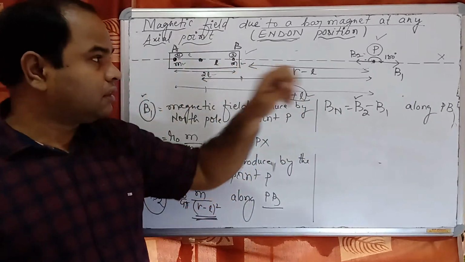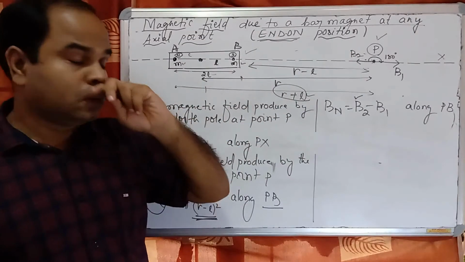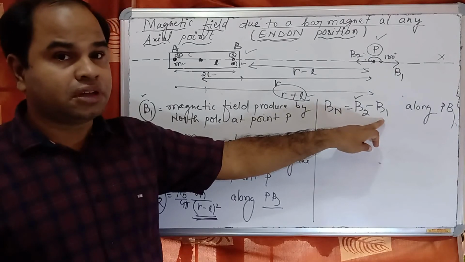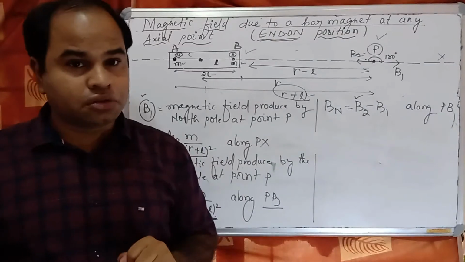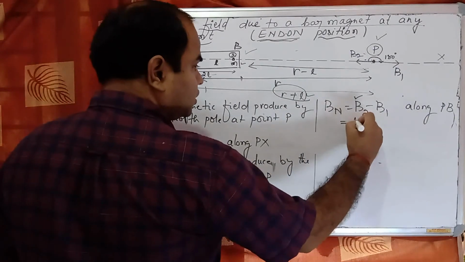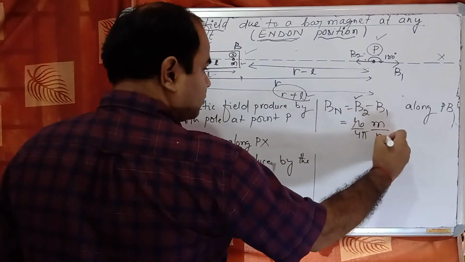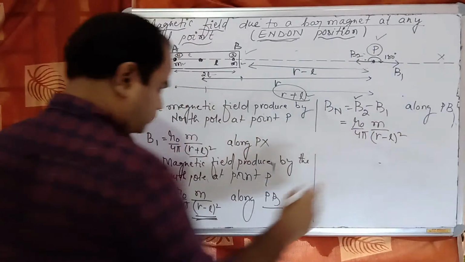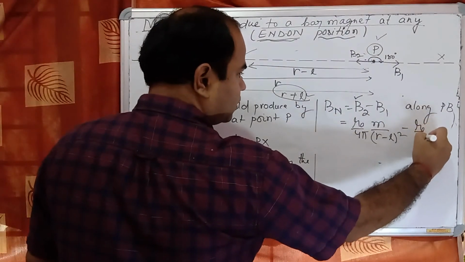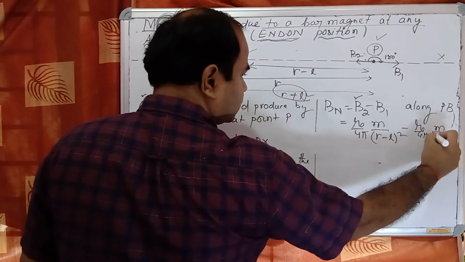The bigger vector here is B2 and the smaller vector is B1. So B net is B2 minus B1, and the direction is along the bigger vector, that is along PB. B2 is mu naught by 4 pi, m by r minus l the whole square, and B1 is mu naught by 4 pi, m by r plus l the whole square.